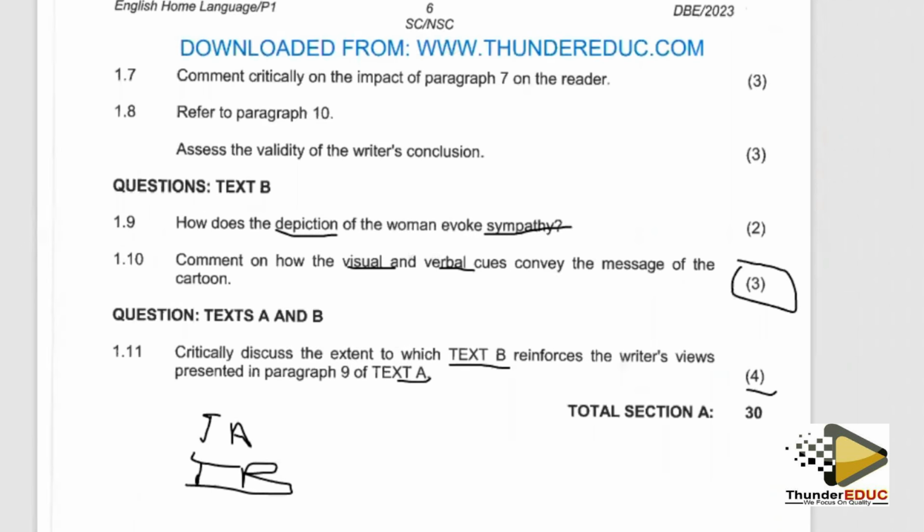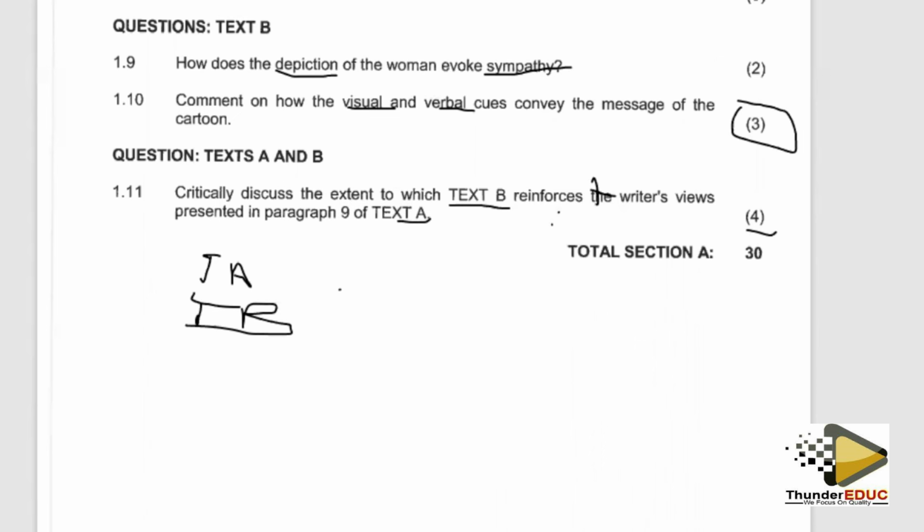Remember, for these questions, your answers can be a no. Your answers can be a yes. So it has to come from you, how you substantiate yourself. You are allowed to say no. You are allowed to say yes.